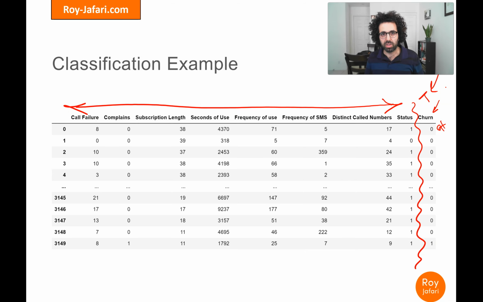That's our data set, and we want to use the independent attributes such as the number of call failures, number of complaints from customers, and so on in a telecommunication company. We want to see if we can find patterns to predict who's going to be churning or not. And churning means customers leaving us or getting the same services from our competition. So it's a lost benefit from the customers if they churn and start using other companies' services. So that's the task here.